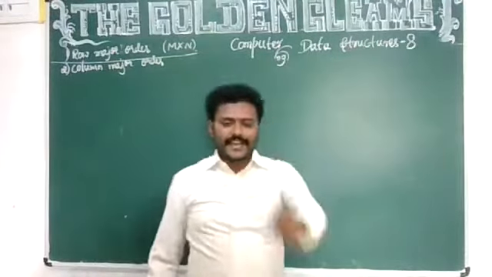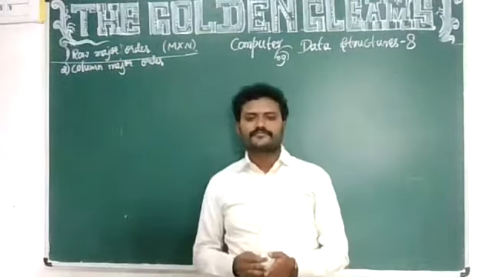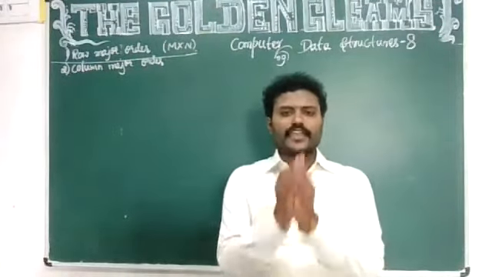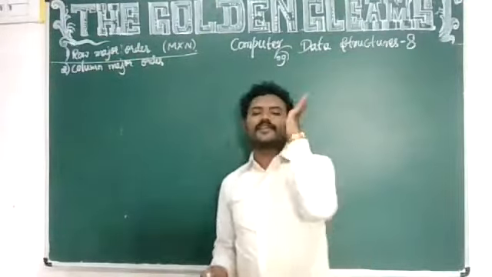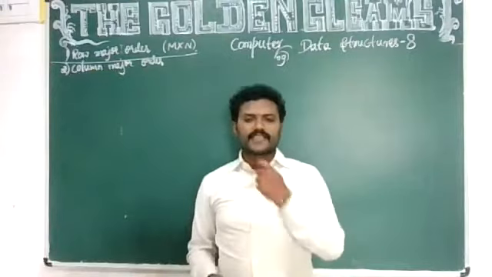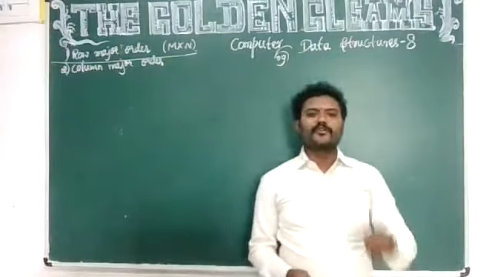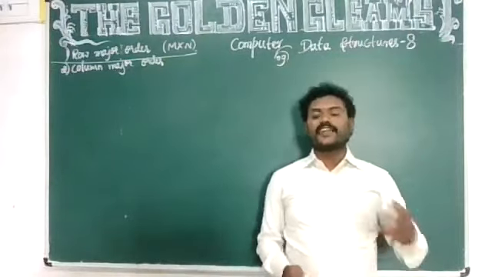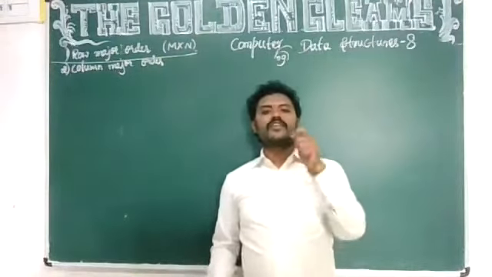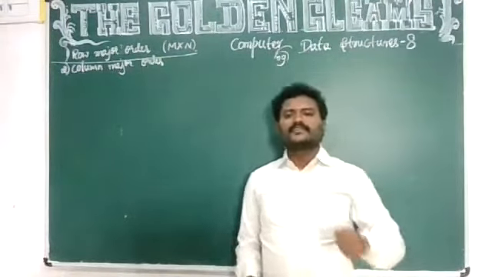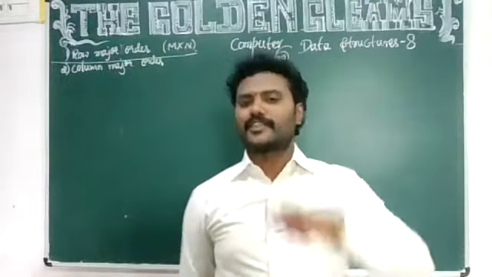If the array is of order m into n, the first row of elements is stored in sequential order, the second row of elements is stored after that, and so on. This is called row major order, and you can represent it using the below formula.